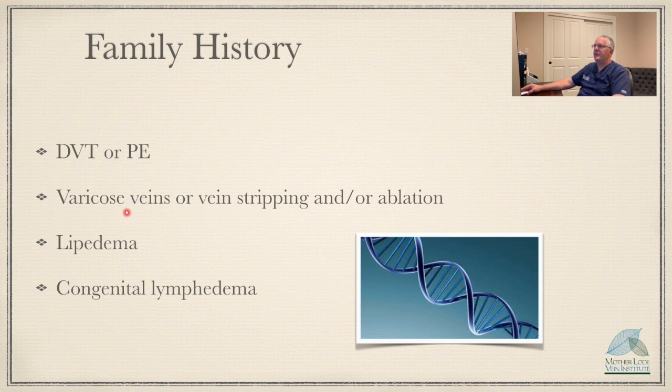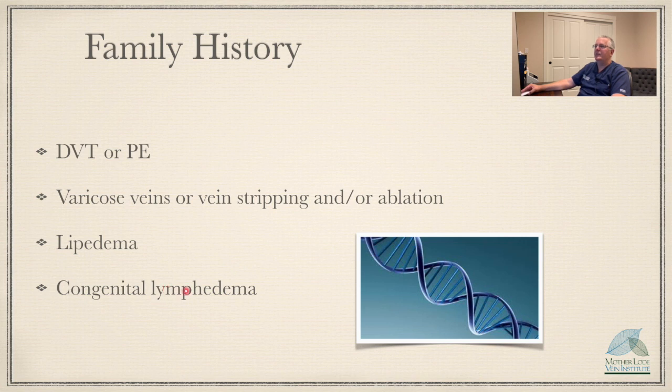And then if the patient's family has had previous venous reflux, there's a huge genetic predisposition to varicose veins and venous reflux. Usually if one parent has had venous reflux disease, there's a 49% chance that the offspring, the son or daughter, will have it. If both parents have venous reflux disease, it's like 89% chance, so real high.